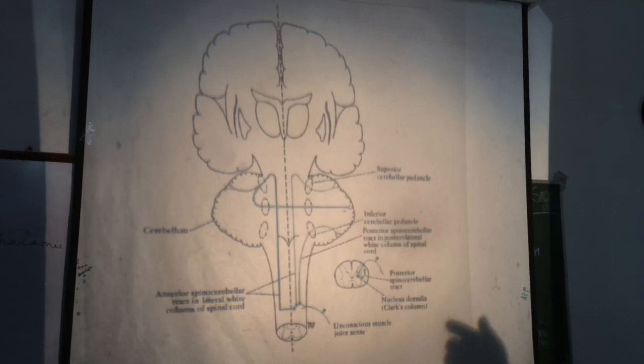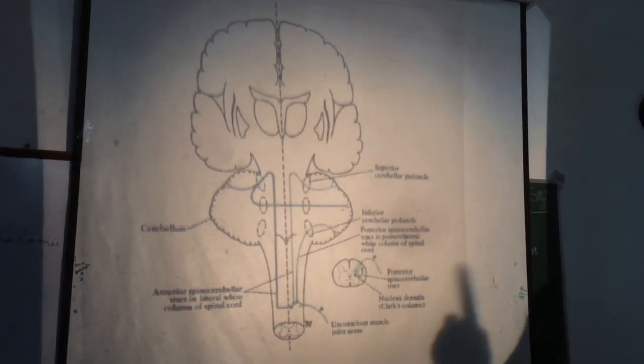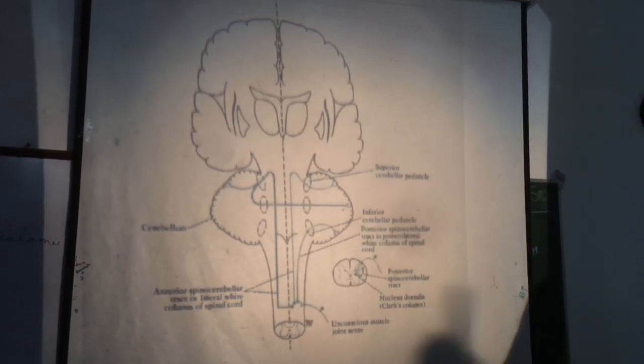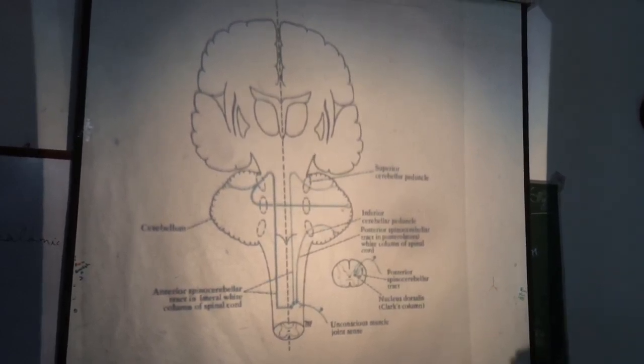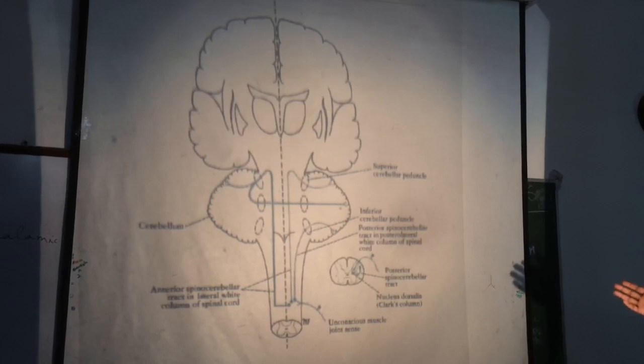The tract fibers do not cross. They enter the posterolateral white column of the spinal cord on the same side to form the tract.